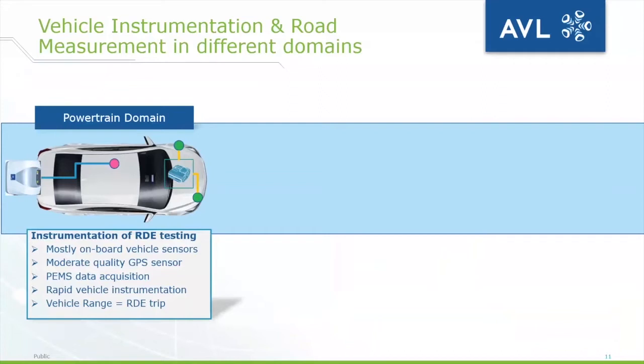Plus, there's a limited sensing device to measure the position of the vehicle, let's say GPS, and the rest of the measurements are relying on the onboard sensors in the vehicle, because at the end of the day, the developers are trying to develop software which is based on the onboard sensory system.